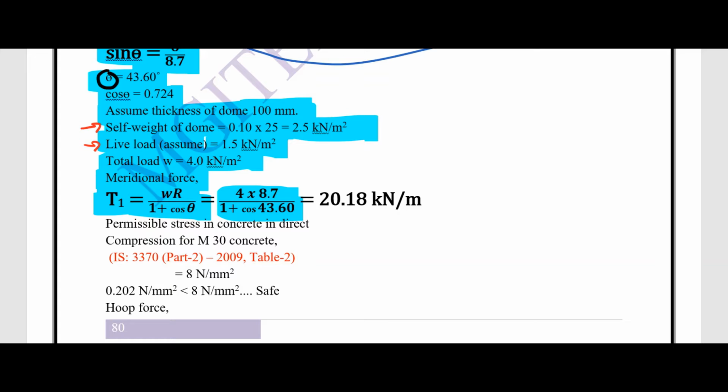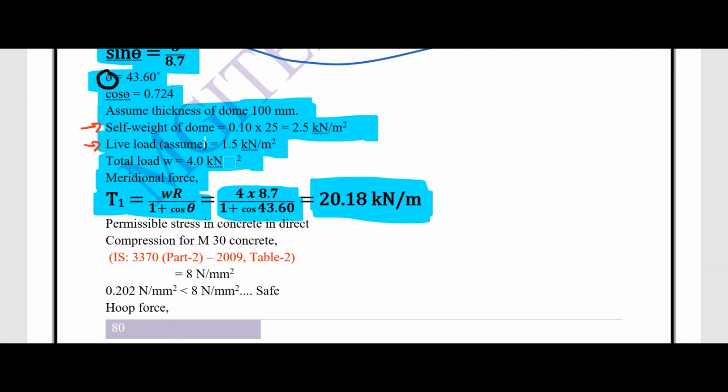At that time T1 is 20.80 kilonewton per meter. This is the meridional force where theta is 43.6.